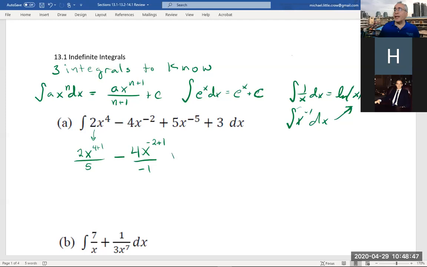This one here, we're going to get plus 5x to the minus 5 plus 1, which will be minus 4. The last one, 3, integrates as 3x, right? Think of this as x to the 0, so you add 1 to that, and the last part will just integrate to 3x. We get a constant, and then we just finish up. This is 2/5 x to the 5th. This is a negative and a negative, so that makes it a positive.